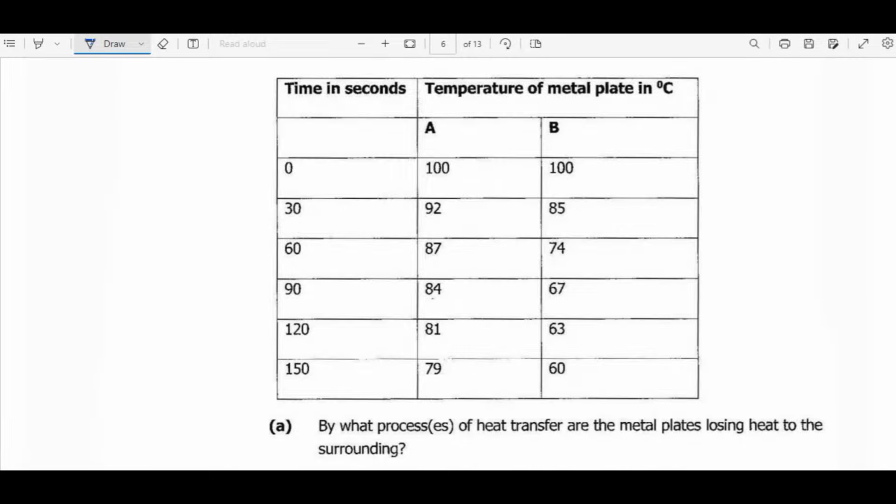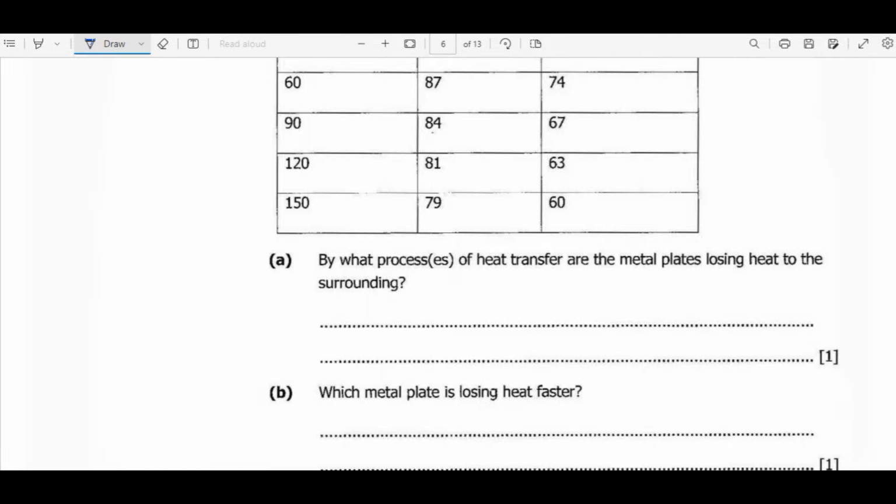At 0, the temperature was 100. After 30 seconds, this one reduces to 92 and 85. At 60 seconds, 87 and 74. At 90, 84 and 67. At 120, 81 and 63. At 150, 79 and 60. So we can see from the numbers that metal B was losing heat fast to the environment compared to metal A. Then we move on to question A.